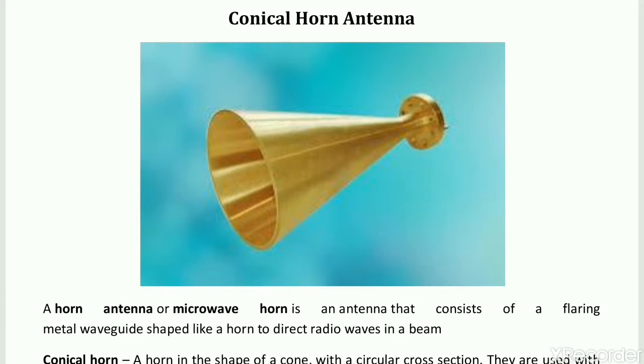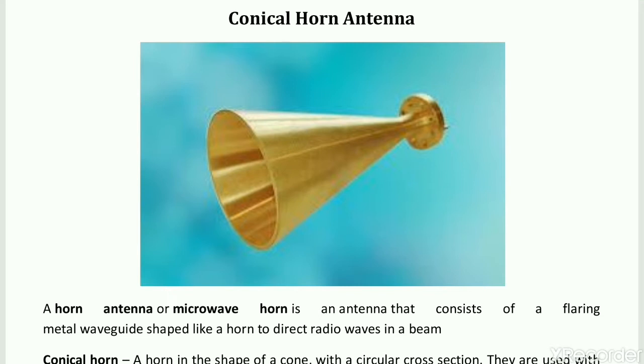To match the impedance, flaring is provided at the opening of the waveguide. The tapering of the flaring is used to match the impedance between free space and the waveguide.